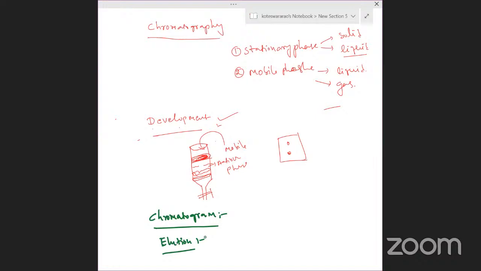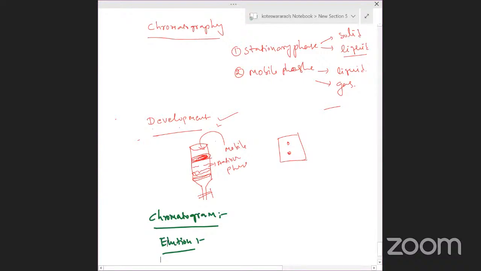After development, the process of washing the bands or zones corresponding to the different sample components out of the stationary phase by addition of fresh mobile phase is called elution, and the solvent is called eluent. Whatever solvent comes out from the chromatography instrument or column, that is called eluent.